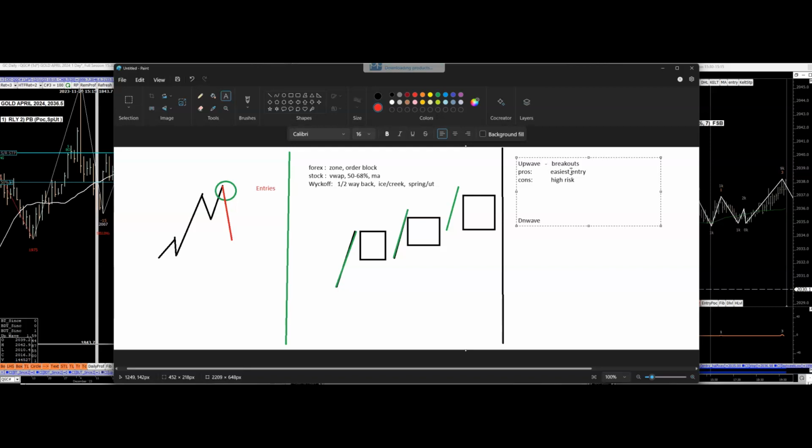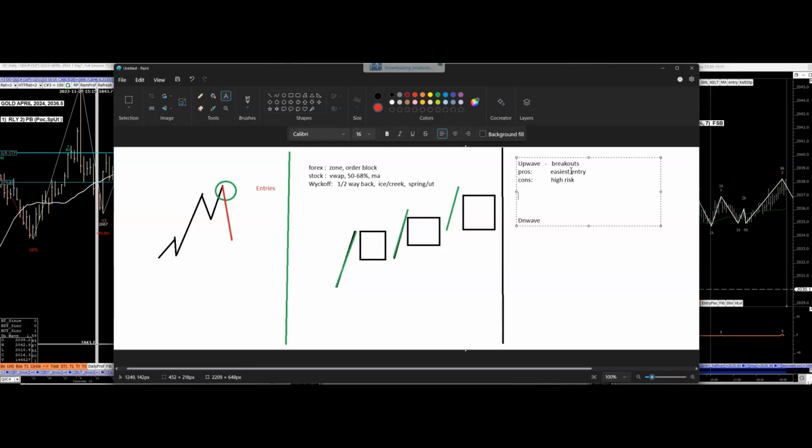Or a lot of times, even if it works, it's going to come back and test the breakout, and you're going to go from profitable to break even, and probably even a little negative, until you go break even again, until you go profitable again. Because you get in on the breakout, it follows through, you make money, but when it tests the breakout, you go back to break even. It might go a little lower than the breakout, you go negative, and then you have to wait.